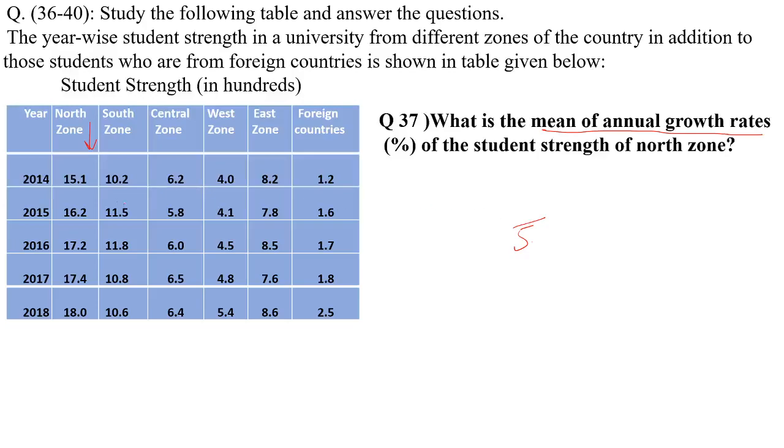So here what you will do is take out the annual growth rate. Here 15.1 to 16.2, what's the difference between them? Let me first clear it.